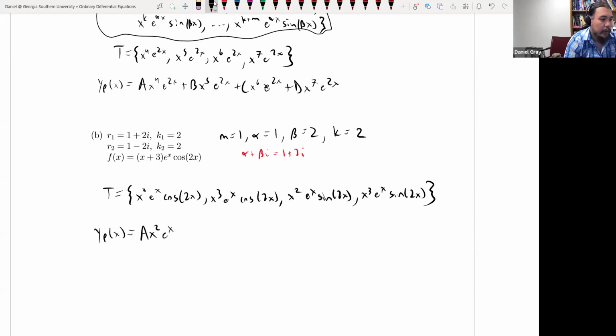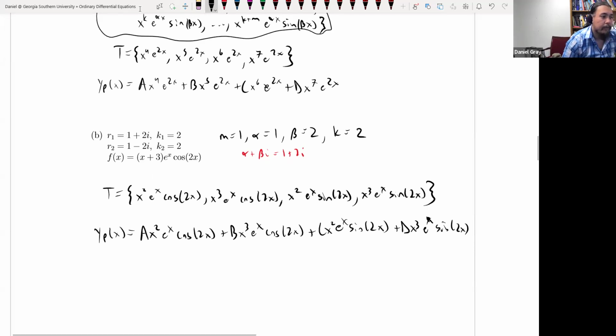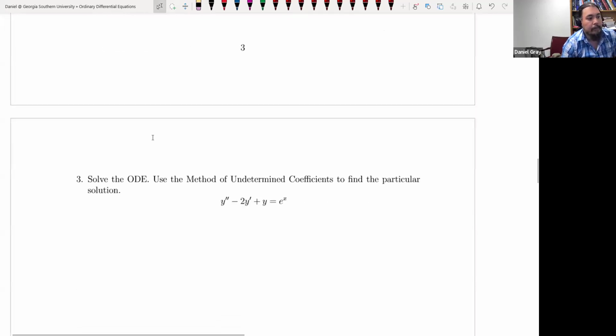So ax squared, e to the x, cosine of 2x, plus bx cubed, e to the x, cosine of 2x, plus cx squared, e to the x, sine of 2x, plus dx cubed, e to the x, sine of 2x. And there we have it. So that's problems 1 and 2.